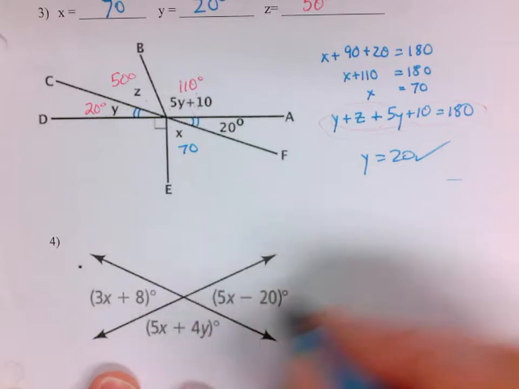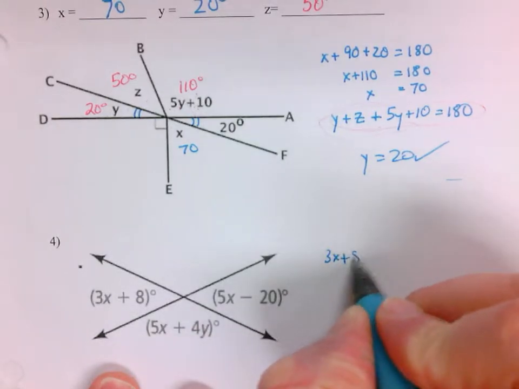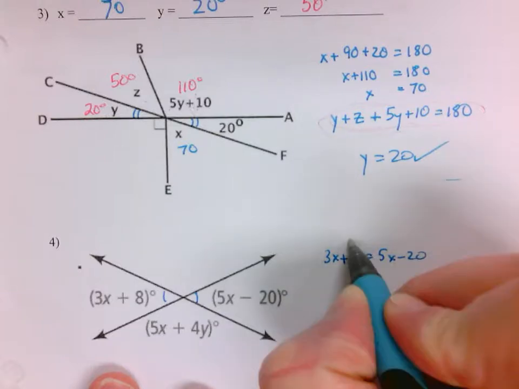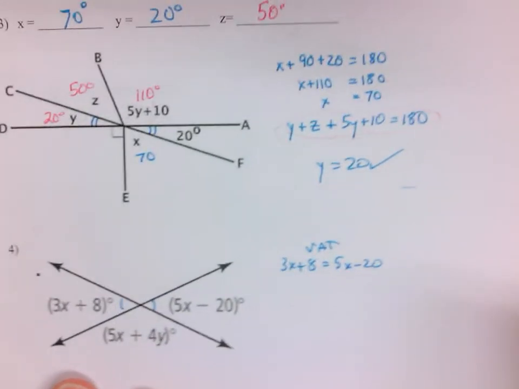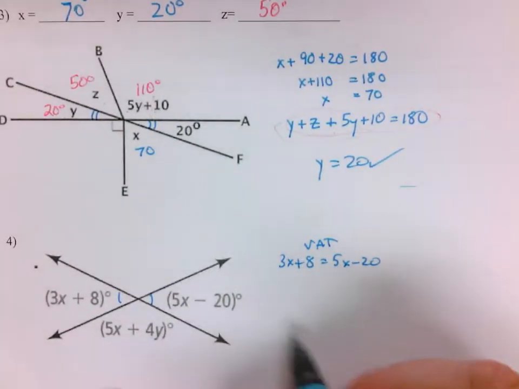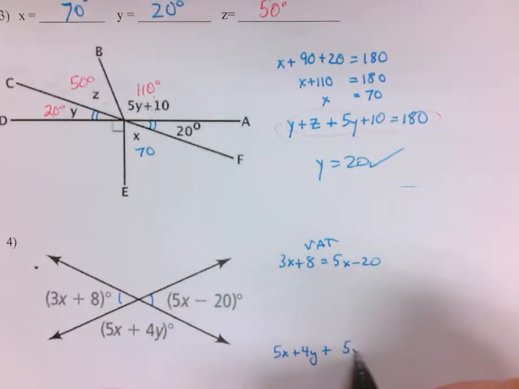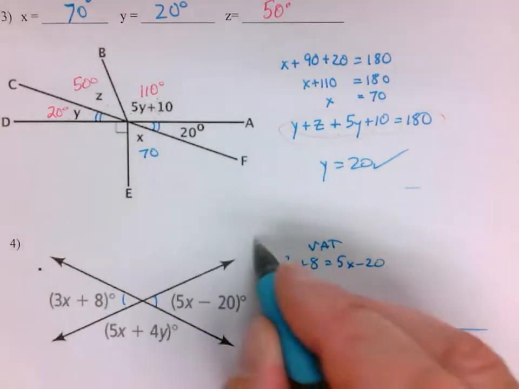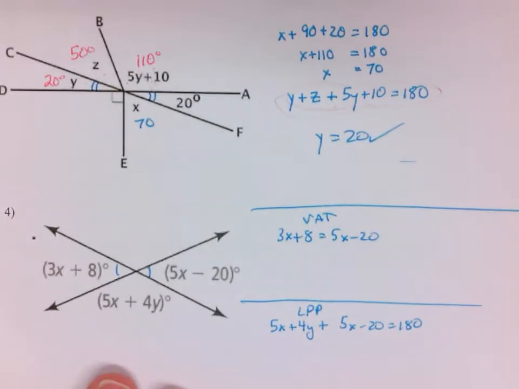So 3x plus 8 equals 5x minus 20 because of vertical angles theorem. And 5x plus 4y plus 5x minus 20 equals 180. Linear pair postulate. So those two things can be set up.